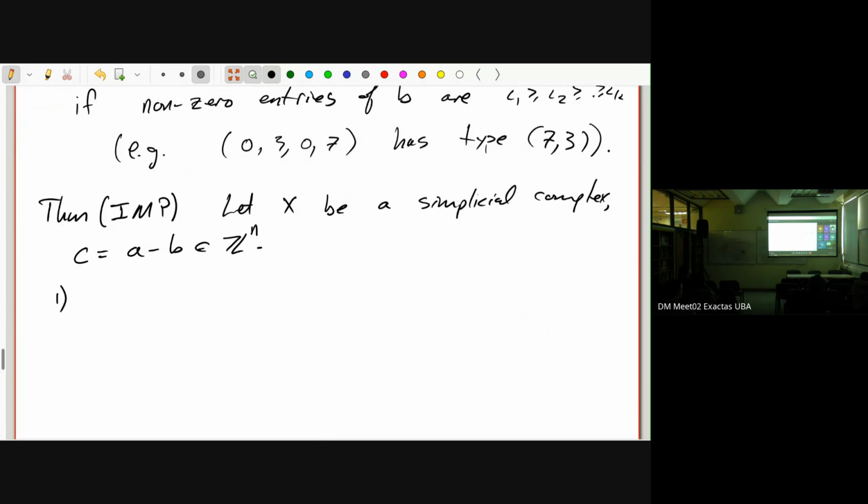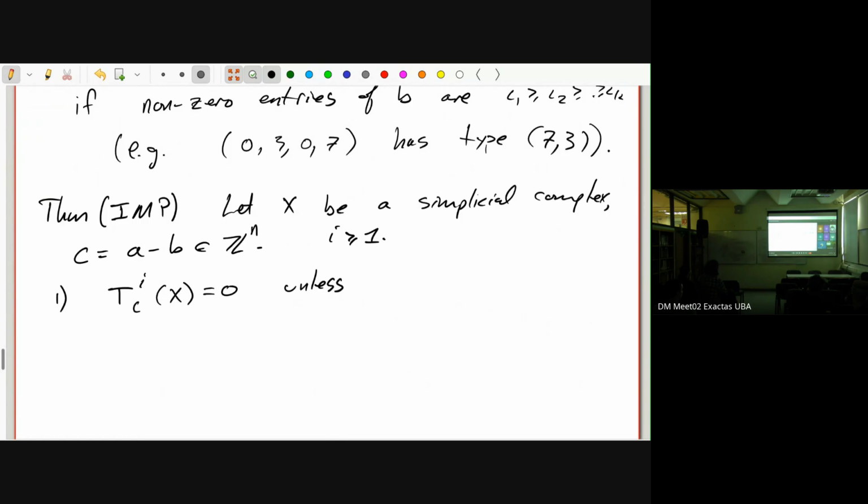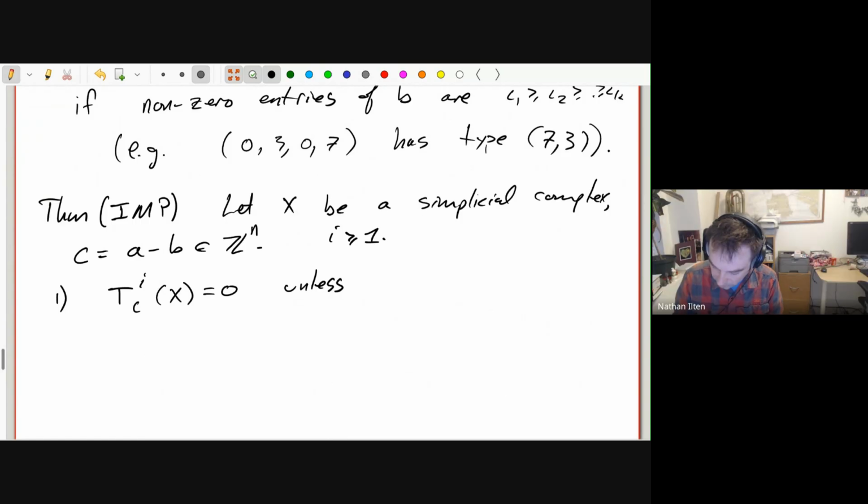So first of all, T^i_C of X is equal to 0.